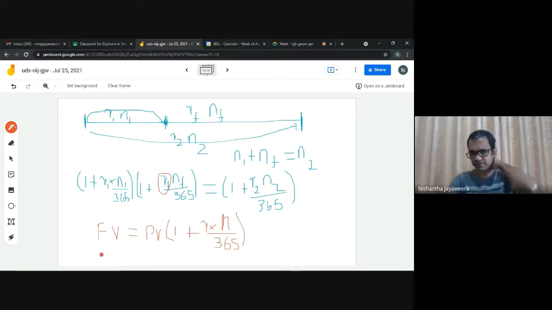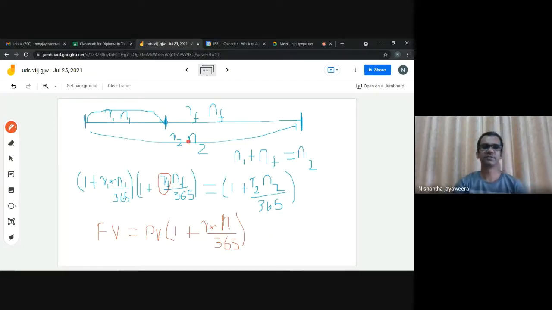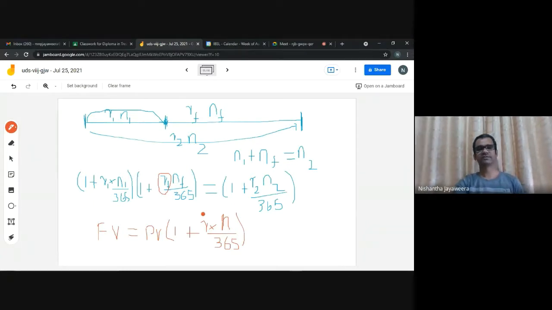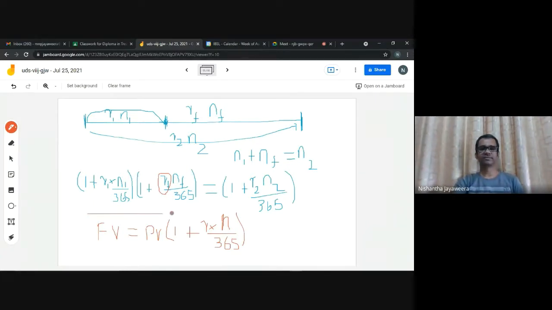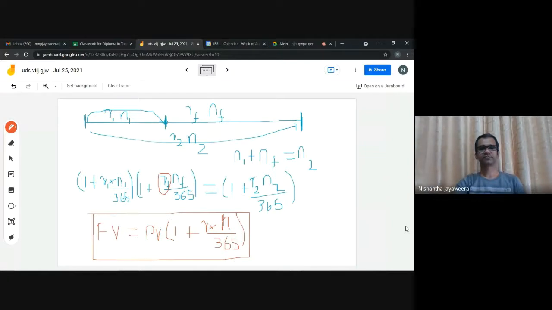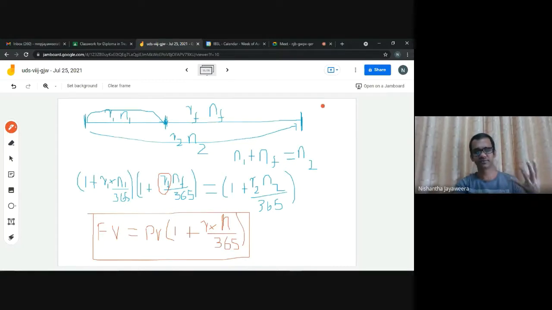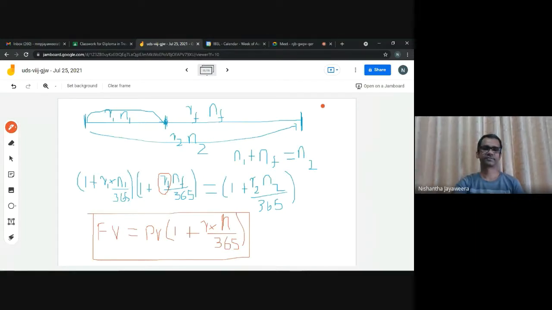This is the equation we used because this is a money market calculation. How to calculate future value and present value, and compounding at different rates for different periods. So nothing new here.